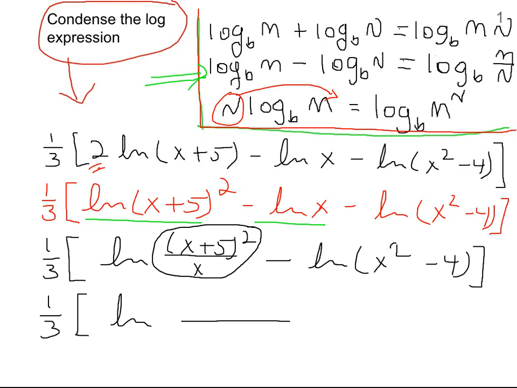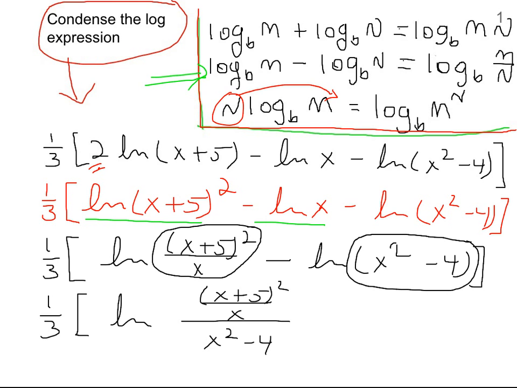So it's going to be a fraction itself. The numerator will be the fraction, the square of x plus 5 divided by x. The bottom of this new fraction will be the argument from the second log of the 2 that we're condensing. It's going to be the x squared minus 4.